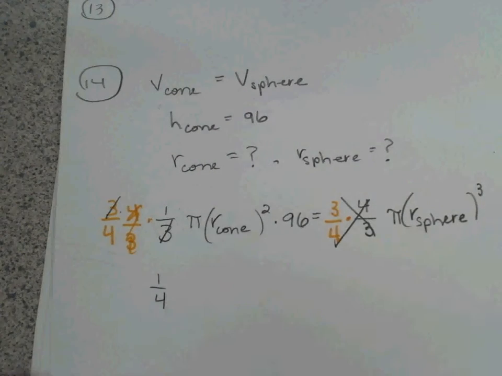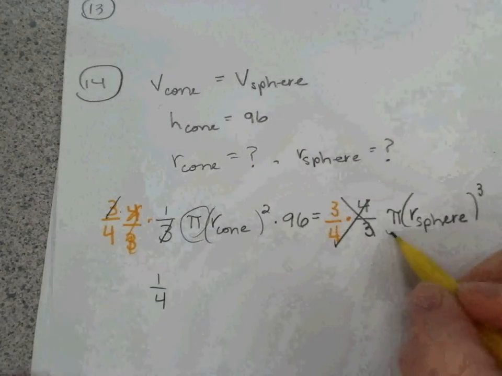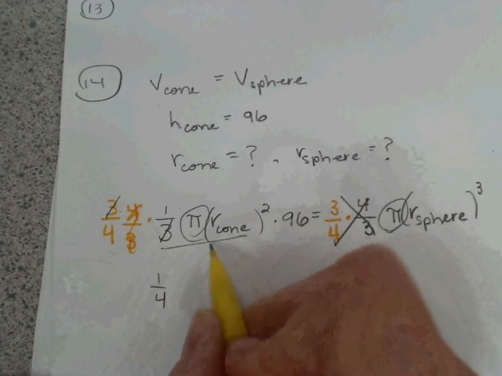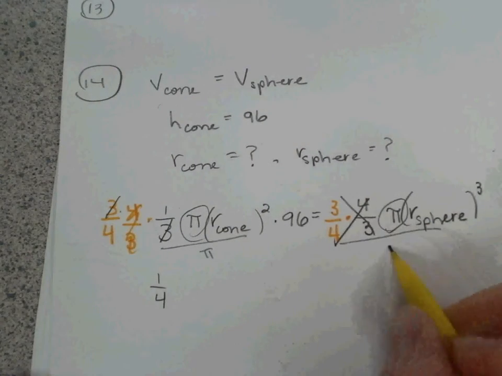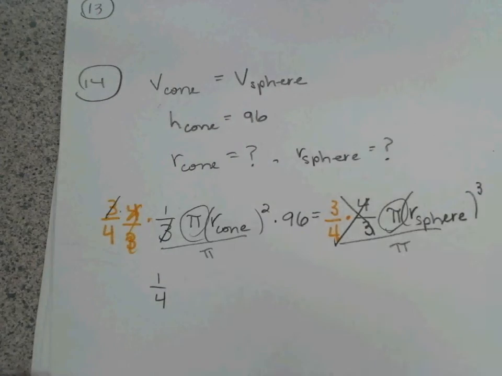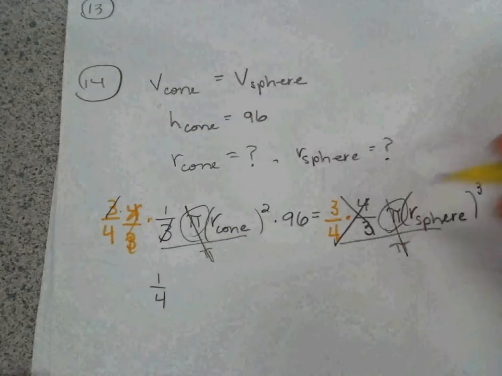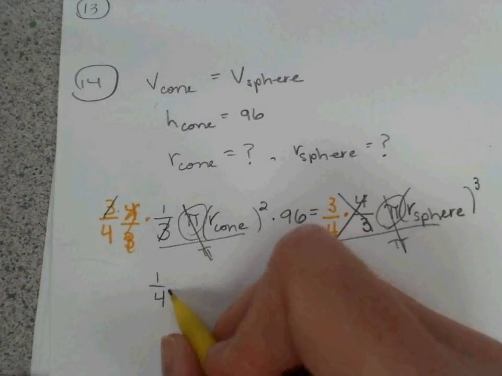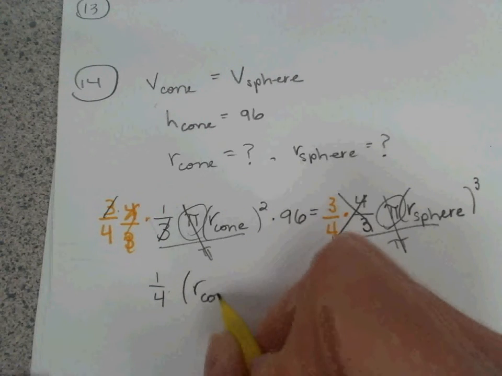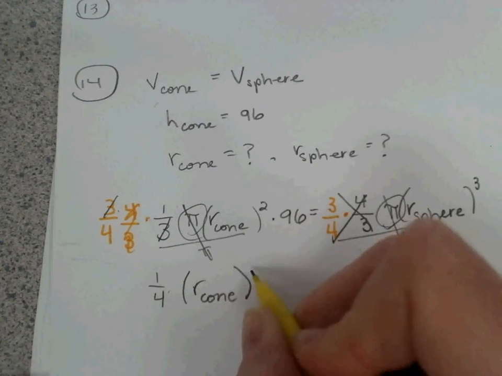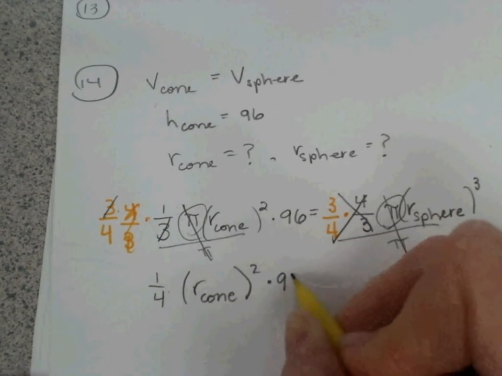I could also notice that if I divide both sides by pi, that simplifies things a little bit as well. Those go away. Now I have 1/4 times the radius of the cone squared times 96.